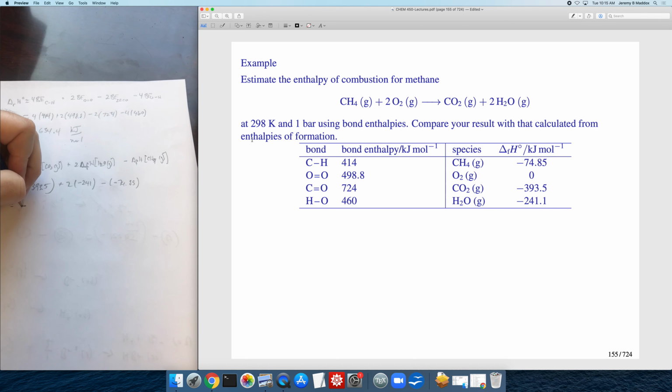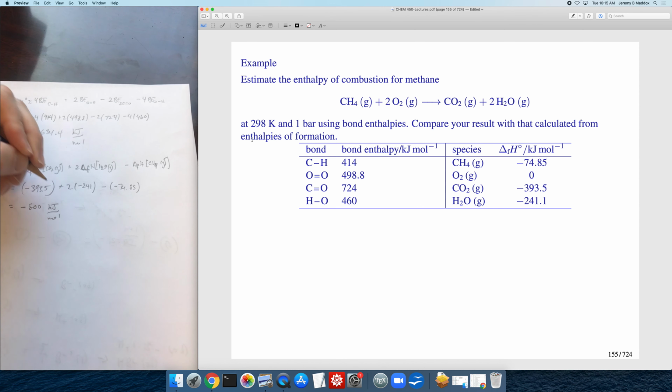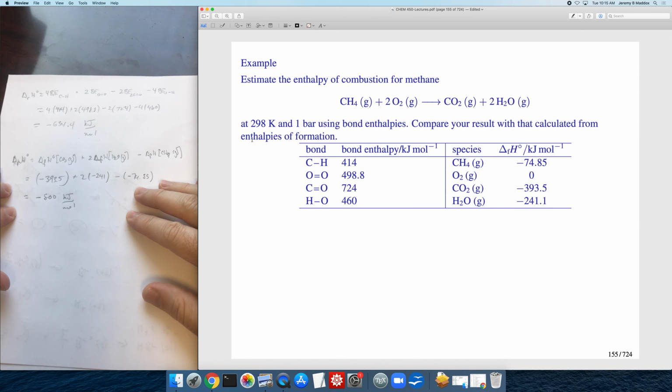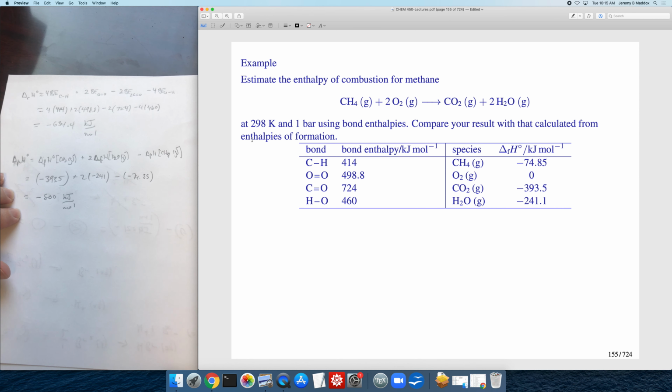So I got minus 800 kilojoules per mole. And so this is going to be the correct value for the enthalpy of reaction based upon the enthalpies of formation. Again, this is our estimate.